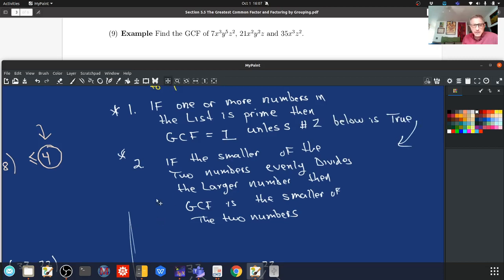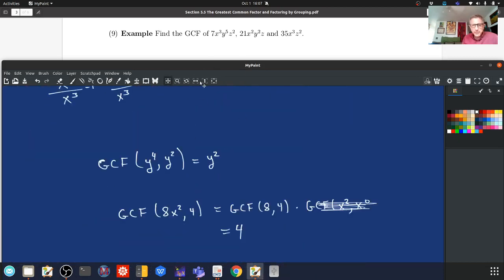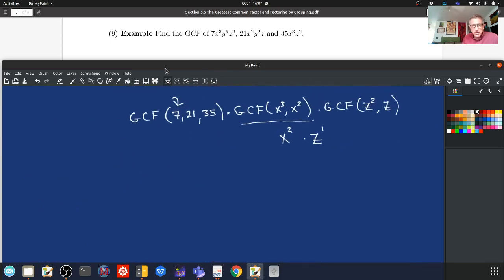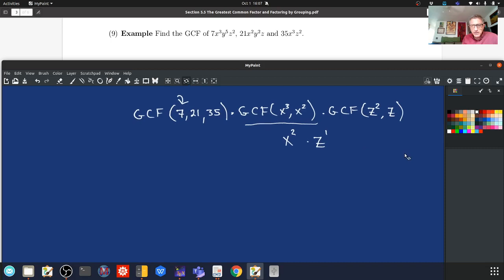And in this case, let's go back to it. I love having this humongous writing space. Never run out of paper. So 7 is prime. So it's either going to be 1 or 7, because I already know that the GCF is going to be greater than or equal to 1 and less than or equal to 7.